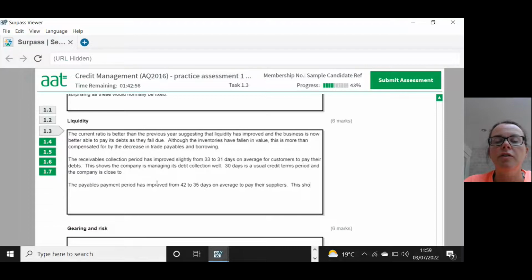This shows the company has good working capital management and is able to pay their suppliers on a timely basis, so maintaining good relations with them.